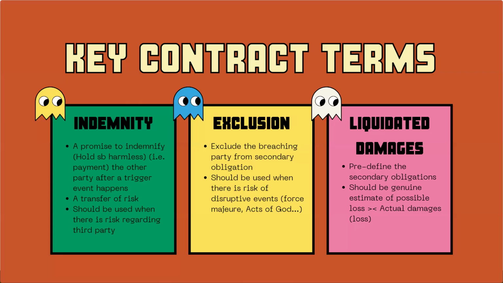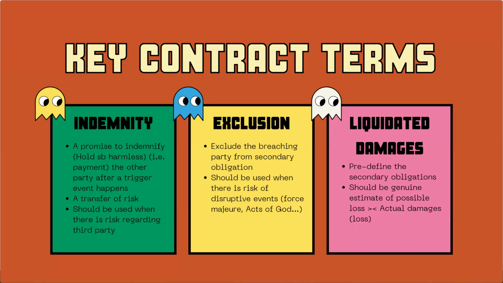And when that event is over, the breaching party must still perform the contract. And exclusion of liability is an express term. So you need to draft this quite carefully and review the implication of this kind of exclusion.